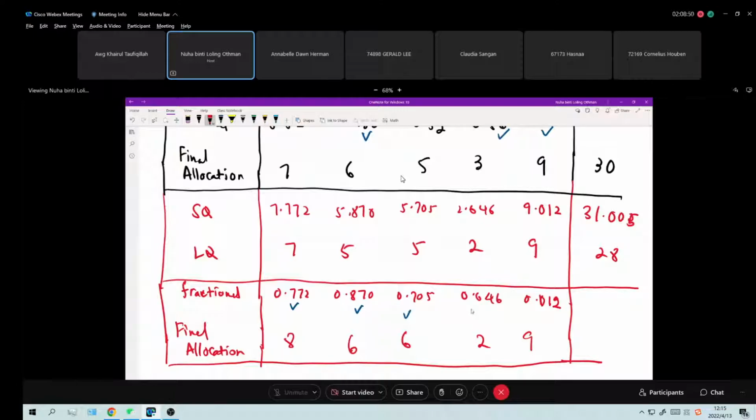So from this one, when you compare, adding another piece of candy, becoming 31, caused Dave, originally Dave got 3, to lose a candy to Charlie and to Abby.